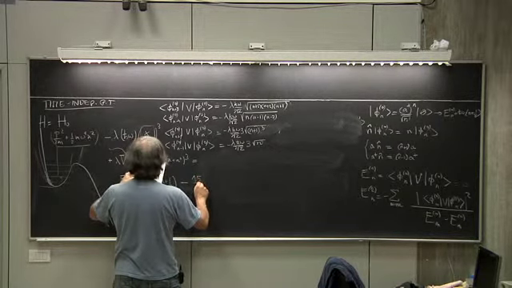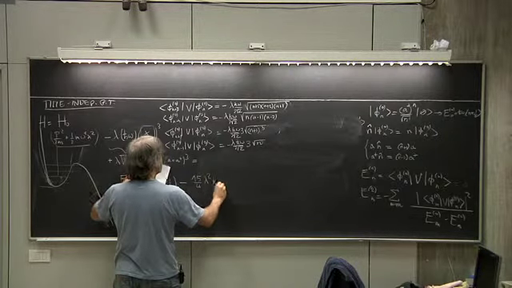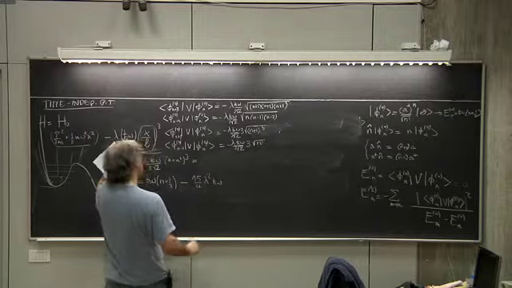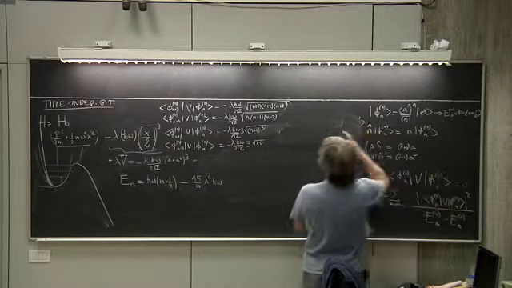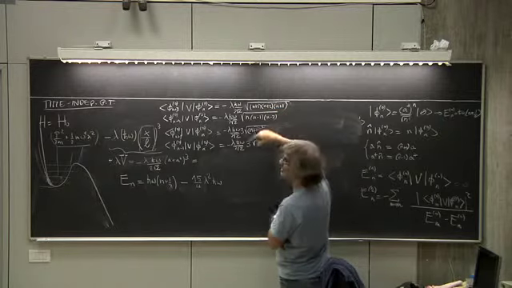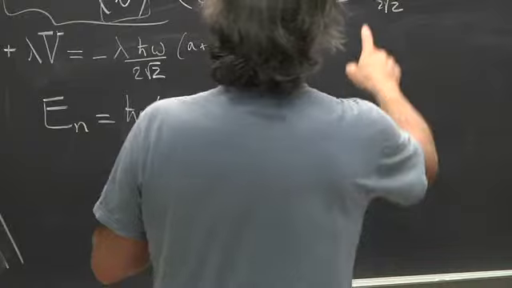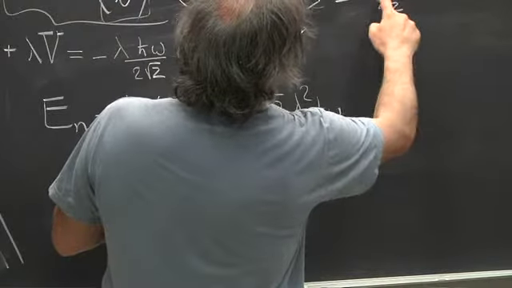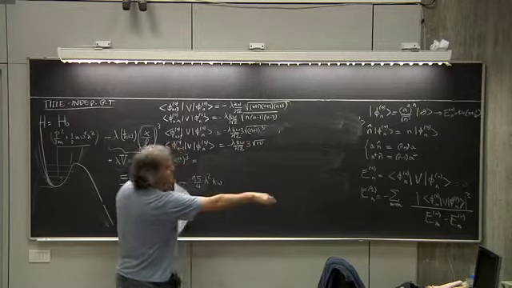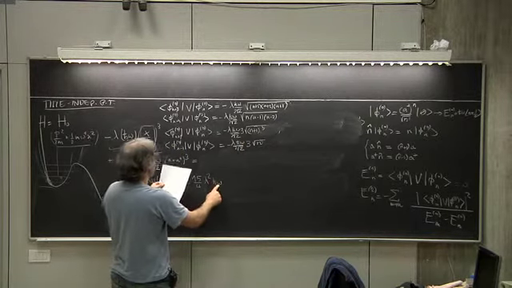Minus 15 over 4 lambda square h bar omega. Lambda square comes because this matrix element has to be squared, so all the square roots, in fact, disappear because of the square. The h bar omega is not squared because there are h bar omegas in the denominator that cancel partially, so you have only one.